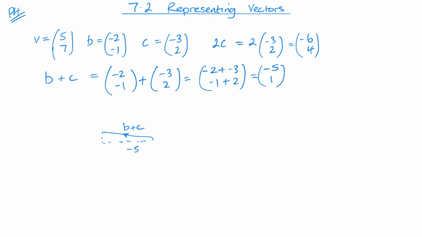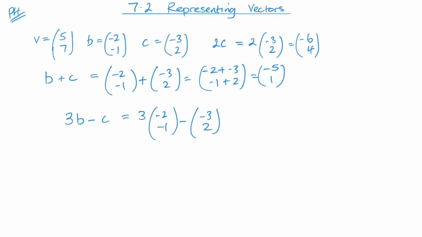Very straightforward. And you can also mix in some scalar ones as well, where you're multiplying. If I was thinking of 3b minus 1c, for example, that means it's 3 lots of b minus 1 lot of c.